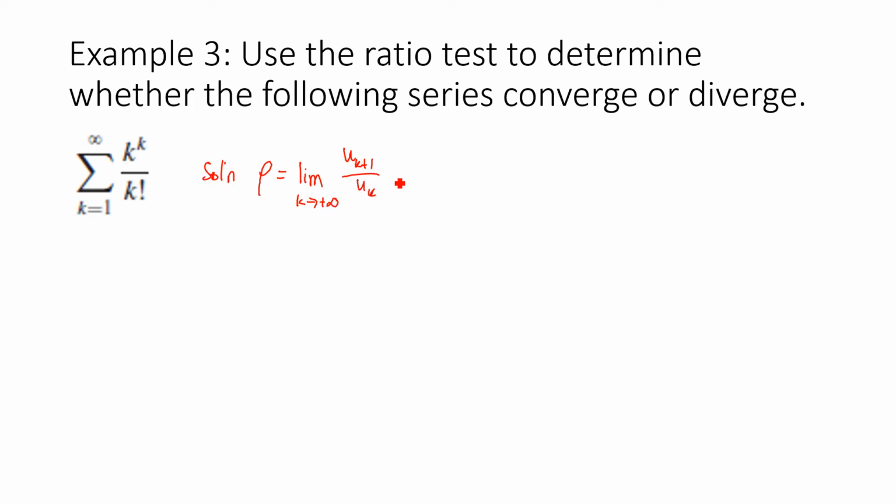So we have the limit of the quantity k plus 1 raised to k plus 1 over k plus 1 factorial, over k raised to k over k factorial, as k approaches positive infinity.